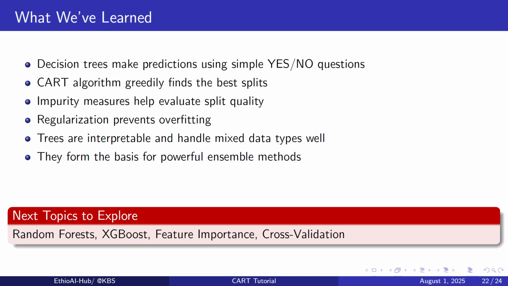Okay, I think we'll do a video about regularization and how that works. Trees are interpretable and handle mixed data types well. They form the basis for powerful ensemble methods. And next topic we'll talk about random forest, XGBoost, and all that.